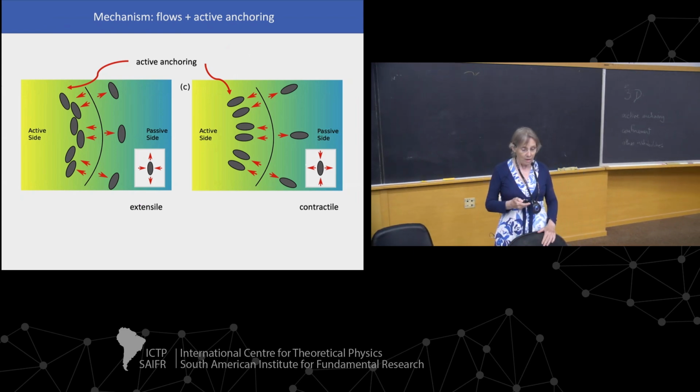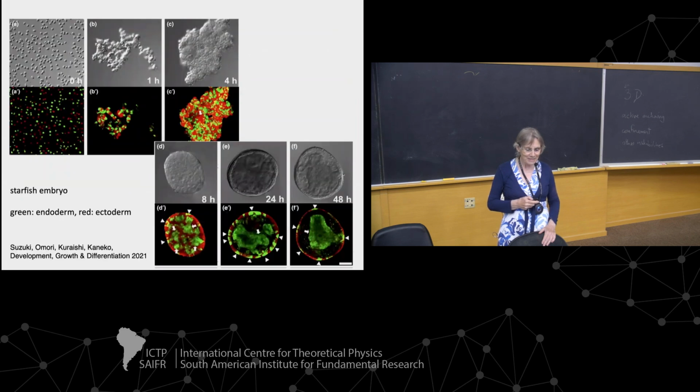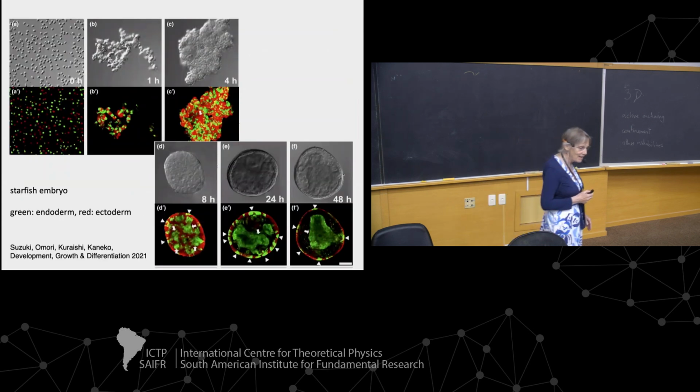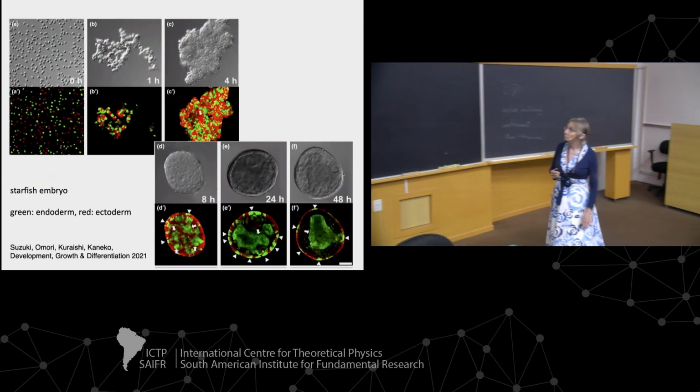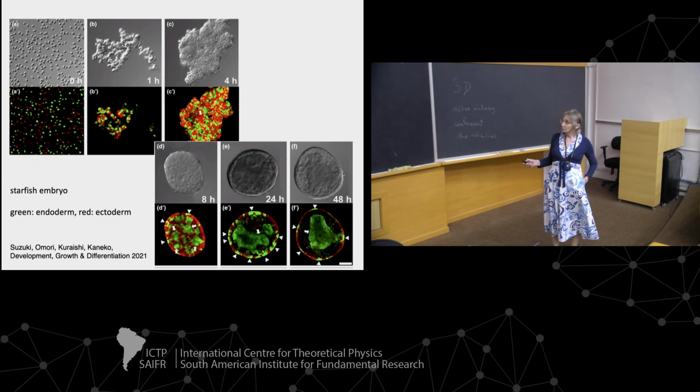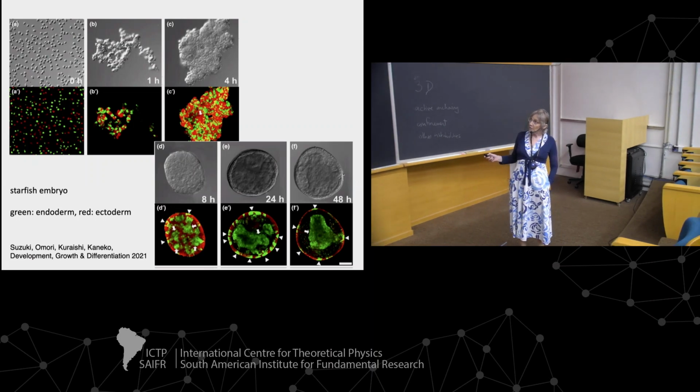Okay, so let me just finish this, because this is another of these cute things like Hydra. This is a starfish embryo. You have two different sorts of cells which have fancy biological names, which are well translated by a physicist into red and green. Makes it easy, like your underground system. Basically you put these in a blender, and then you get loads of red and green cells like that.